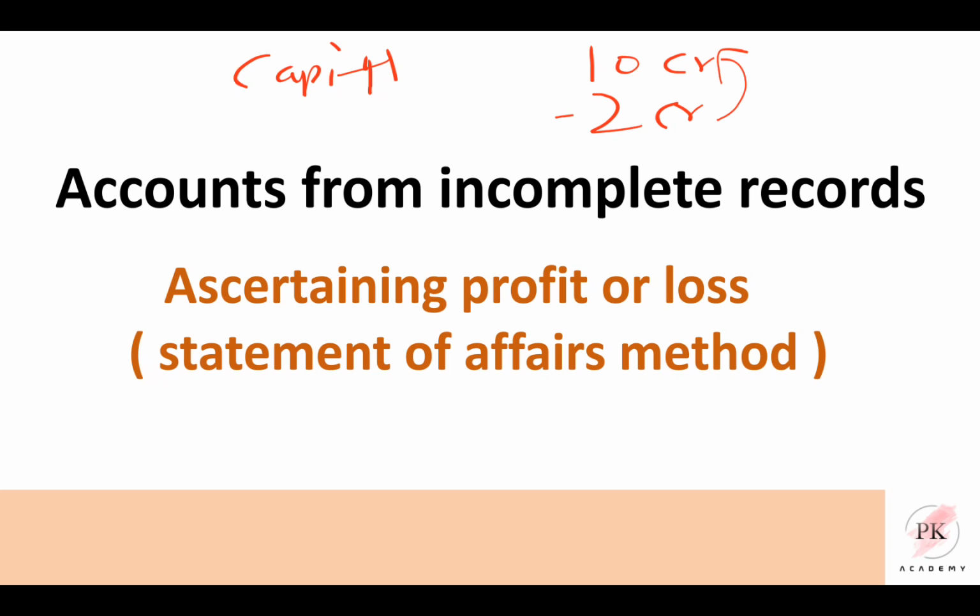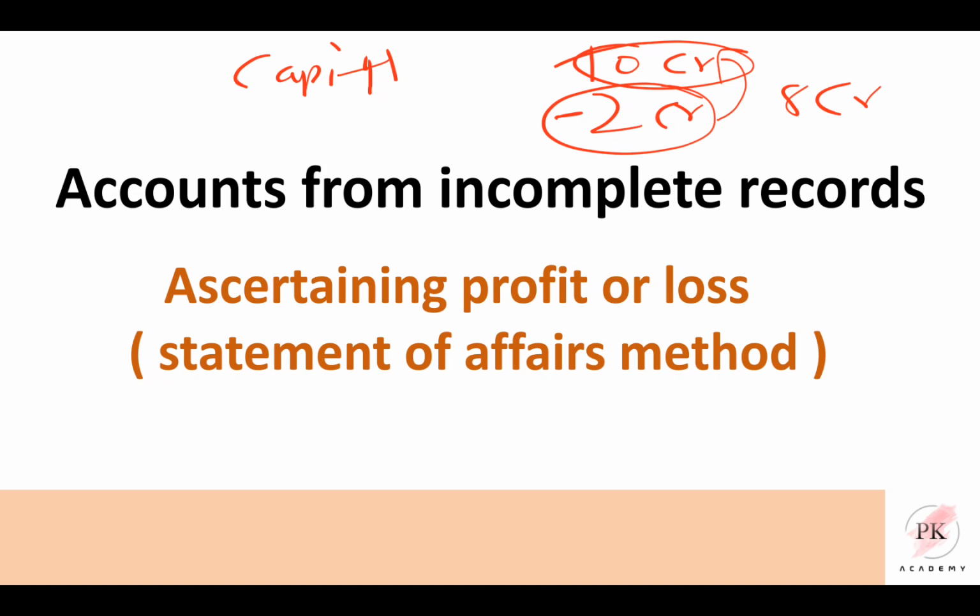For example, it is a loss of 2 crores. What will take place in the capital? This 2 crore will be recovered from the owner by way of reducing the capital amount to 8 crores. You know that very well, right?